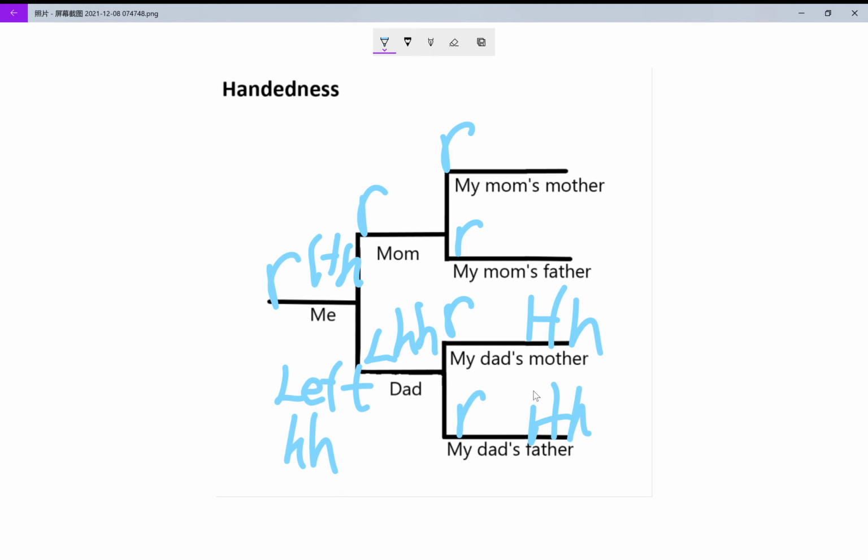Okay, the last one, dimple. Only my mom has dimples, and all the others don't have dimples. So I can believe that not having a dimple is dominant in my family.